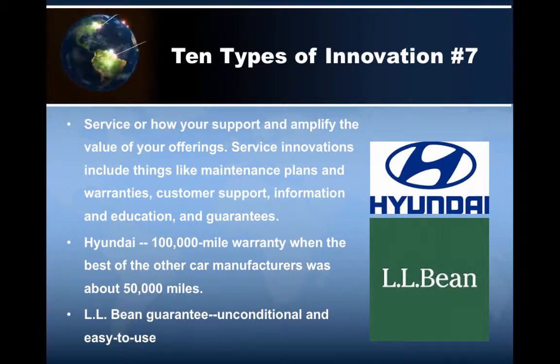Hyundai went to a 100,000-mile warranty, which was far better than any other car manufacturer at the time, and I think is still true, most of which are at 50,000 miles. This form of innovation, a warranty almost twice that of any other competitor, really created competitive advantages for them in making a quality statement about their products that has made them one of the fastest growing new car brands in the United States over the last many years.